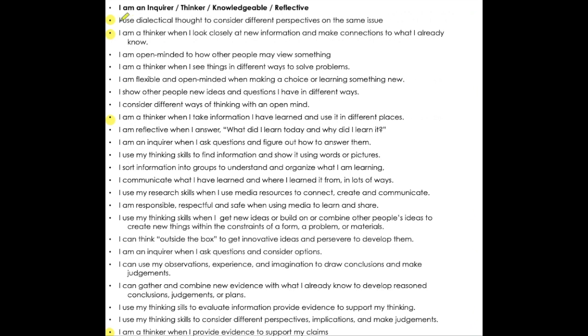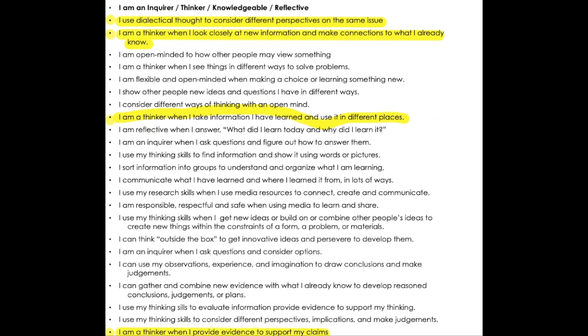This one I felt was easy for me because it's the most recent activity that we have done. I am a thinker when I look closely at new information, make connections to what I already know. That would be like everything in class. I'm a thinker when I take information I've learned and use it in different places. The last one I have is way down here, and it says, I'm a thinker when I provide evidence to support my claim.